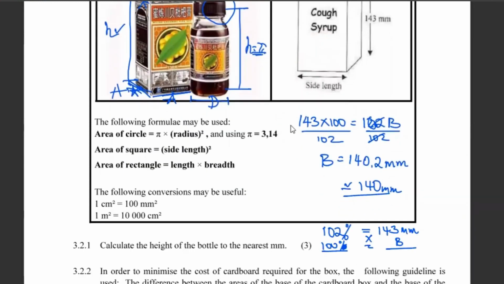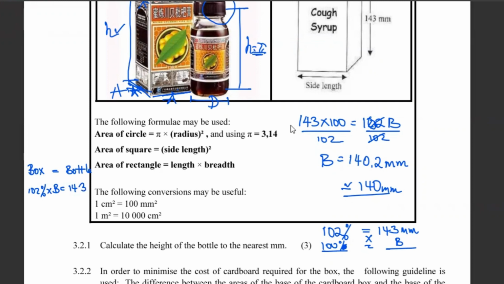So to get the height of the box, they took 102% times the height of the bottle and got the answer.